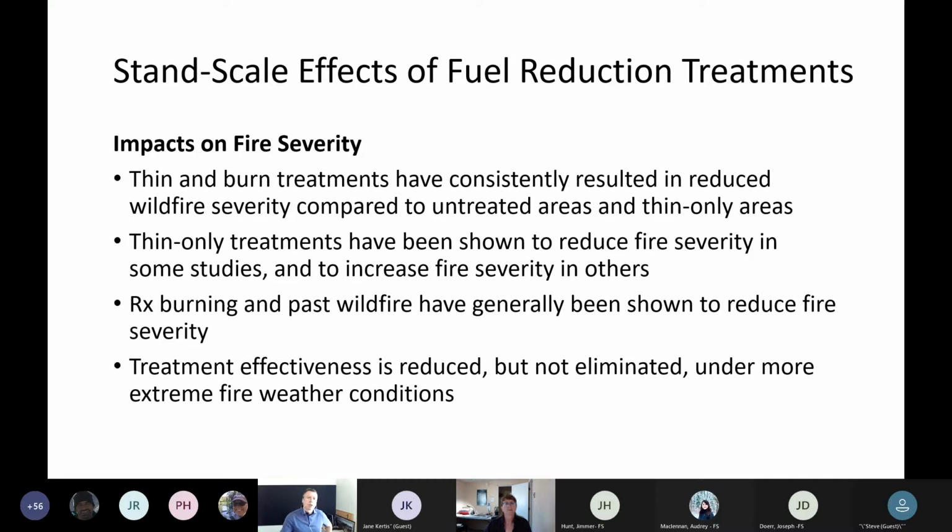And that's particularly true for treatments that involve fire and overstory density reduction. So for our thin and burn treatments, retrospective studies after fires, as well as simulations in a variety of different systems across the West, suggest that while the effectiveness of those treatments at reducing fire severity is reduced under extreme weather conditions, you still see lower fire severity in treated areas than in untreated areas.